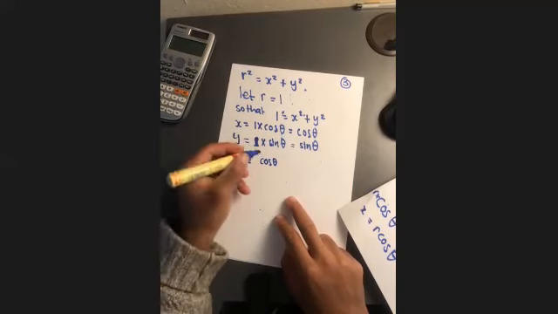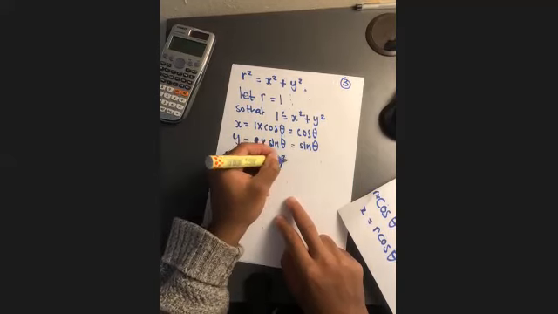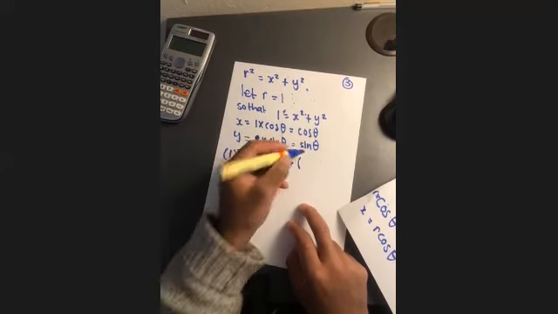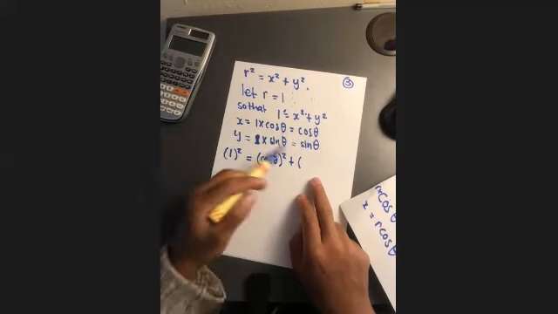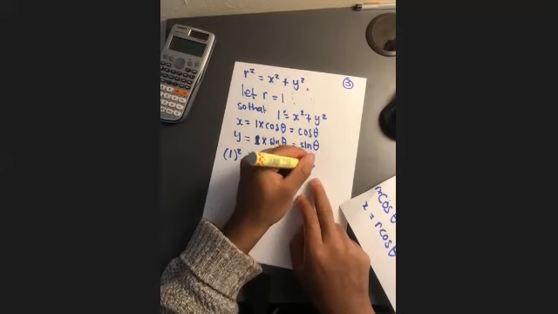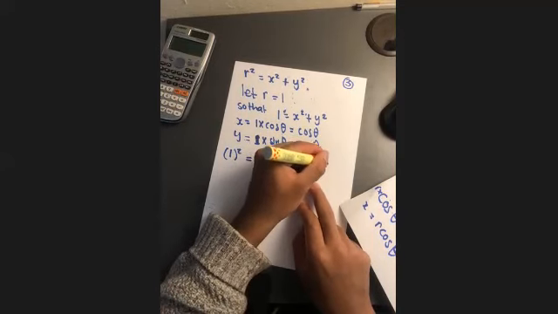But this x is squared, so you're going to square it, and this y is also squared. Our y we found to be the sine of theta, so it's going to be the sine of theta squared.